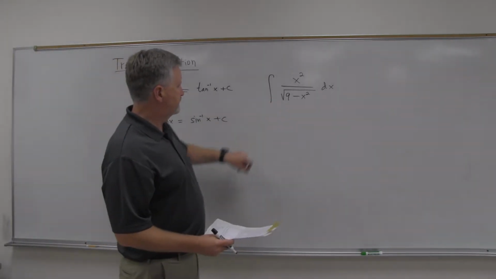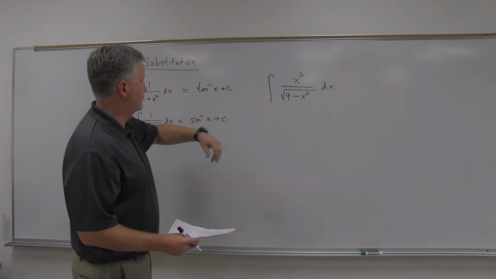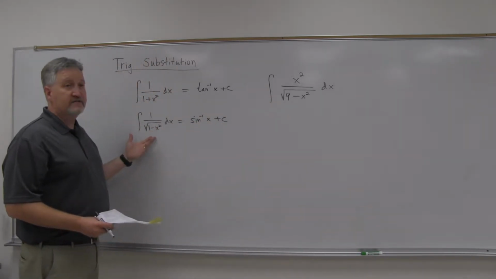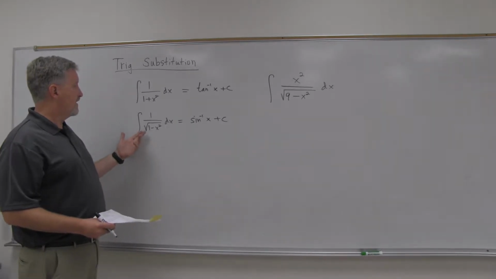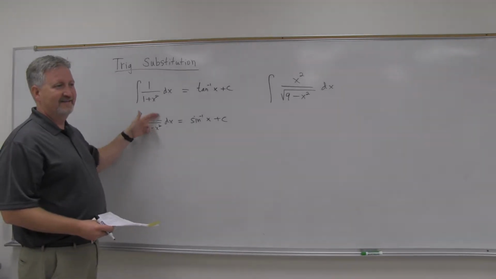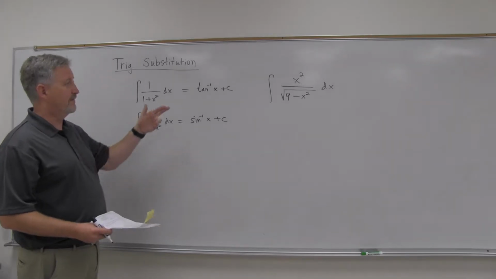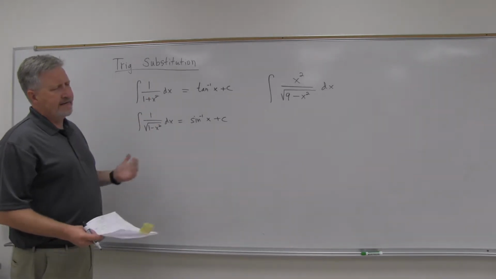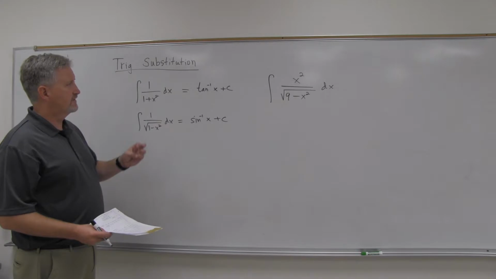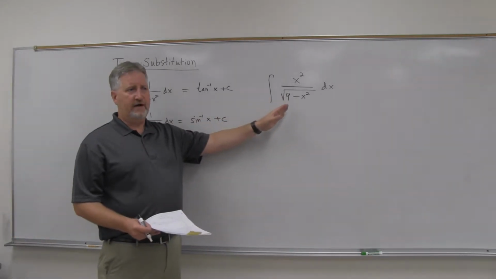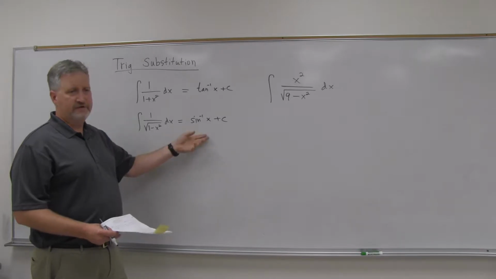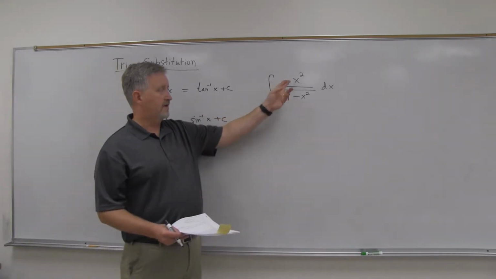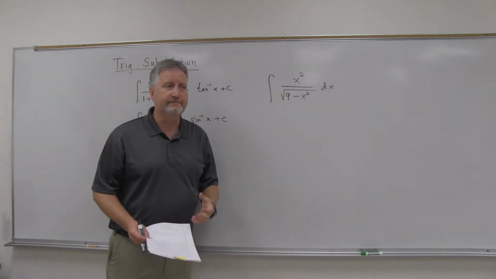If you looked at it, you might say, hey, that is related to that. However, the problem is, the top's not a constant. The top is an x squared. It just doesn't quite work out in utilizing the inverse sine because of that x squared on top. It just doesn't quite fit.